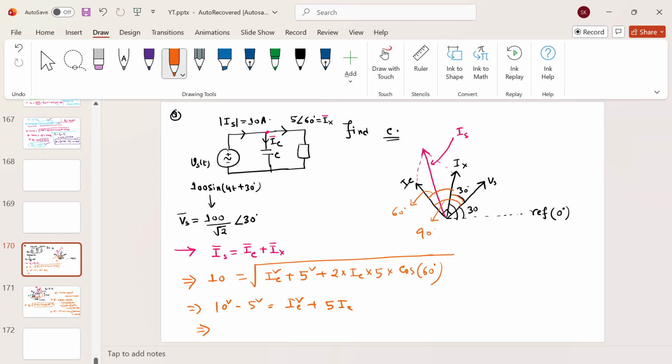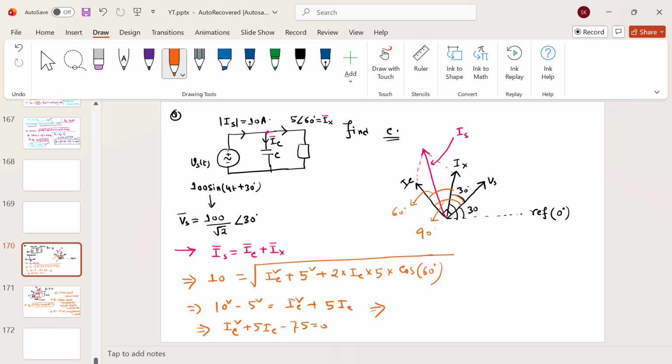So IC square plus 5 IC, and 10 square minus 5 square, it is coming around minus 75, equal to 0.